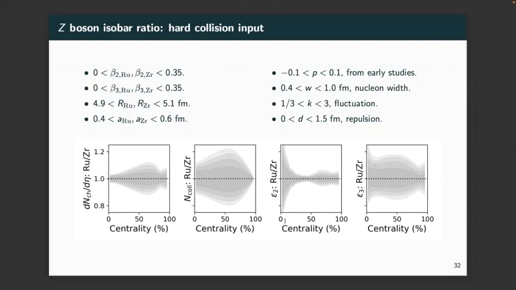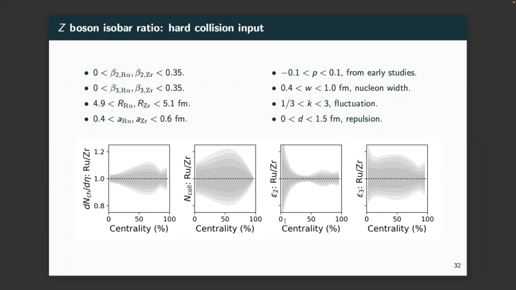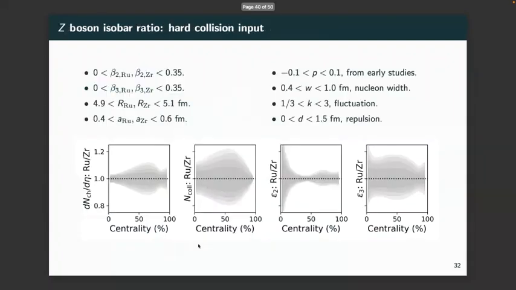Yeah, and of course, even without these isobar-sensitive probes, other hard probes are also very useful. In isobar collisions, you already have these ratios of multiplicities and eccentricity, flow ratios that approximate the eccentricity ratios. Now you can have an independent input for binary collisions.